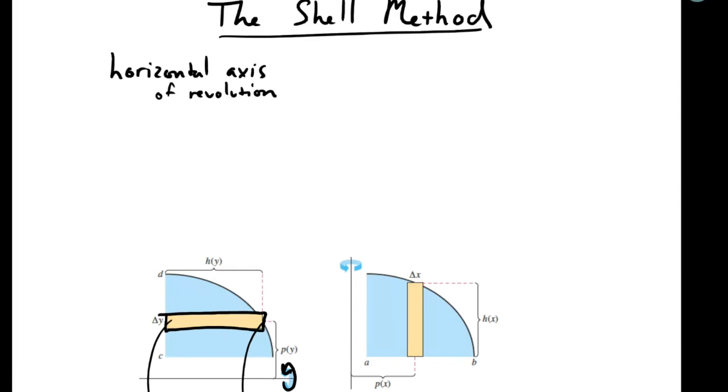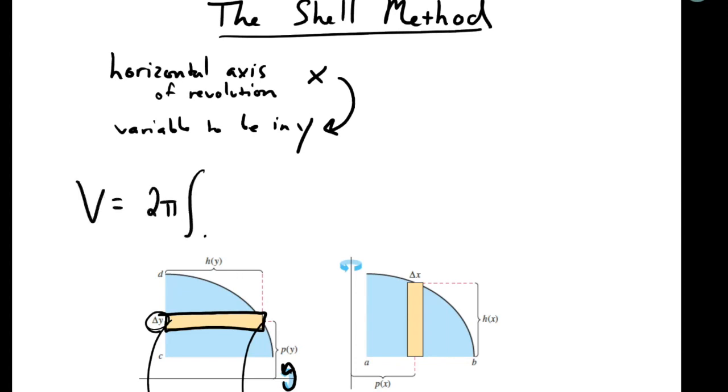So it's parallel to my axis of revolution, and my width is going to be in terms of y. So we want our variable to be in y. So if I'm going around x, the variable should be in y, and therefore you have 2 pi integral from c to d of p of y, h of y, dy.